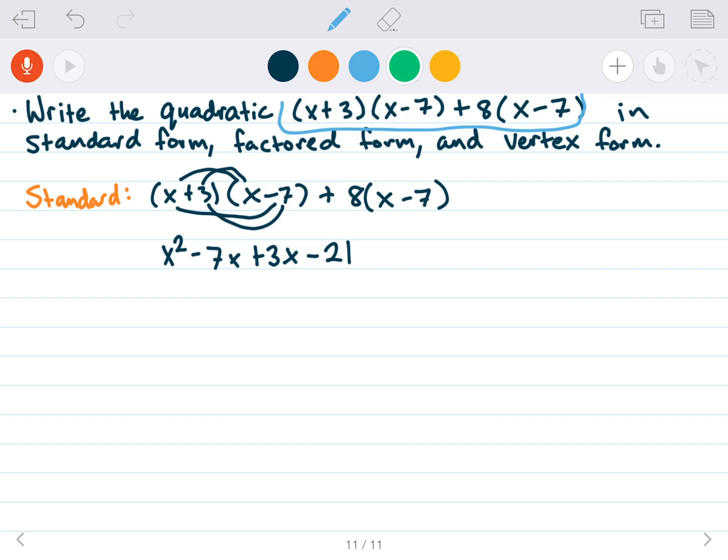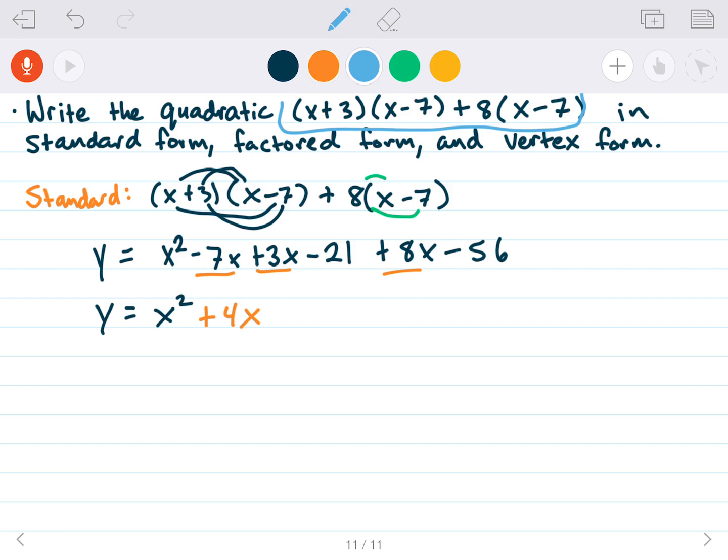Now for the second part, this is the distributive property. 8 times x is a positive 8x. 8 times negative 7 is a negative 56. And from here, I can combine like terms. So I only have one x squared. I have a negative 7x, a 3x, and an 8x, which makes a positive 4x.